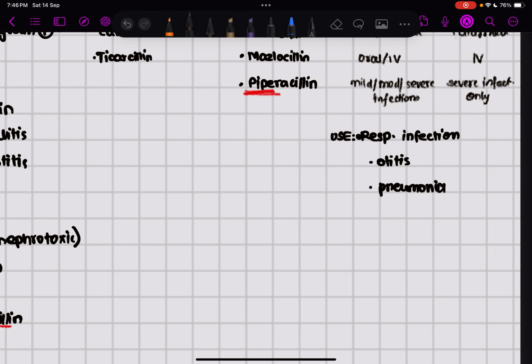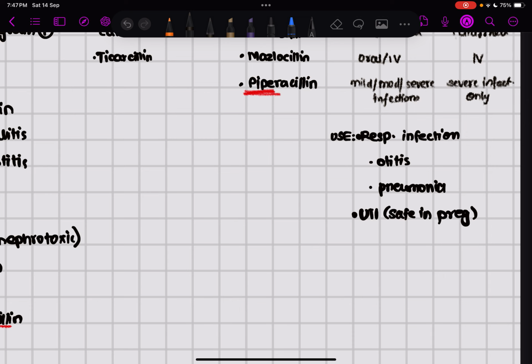It can also be used in UTI. It is safe in pregnancy. Why do we specify pregnancy? Pregnancy is specified because during pregnancy there is increased risk of UTI, because of hormonal changes and the pressure by the uterus over the bladder. Also it might lead to retention of urine in the bladder.